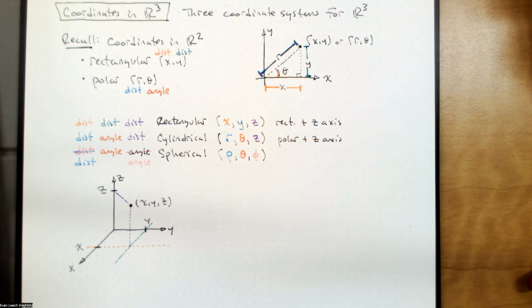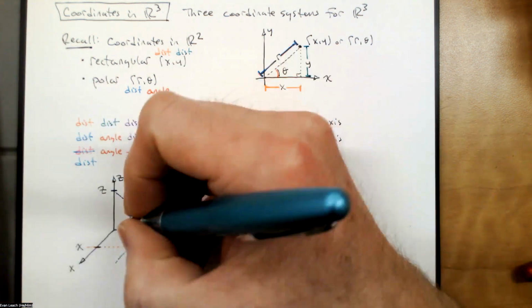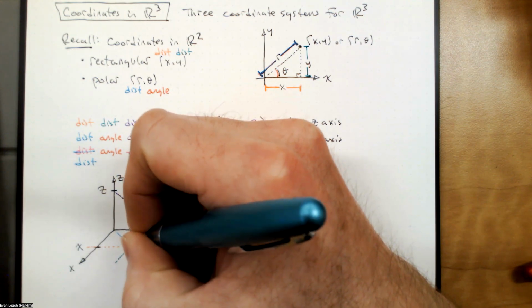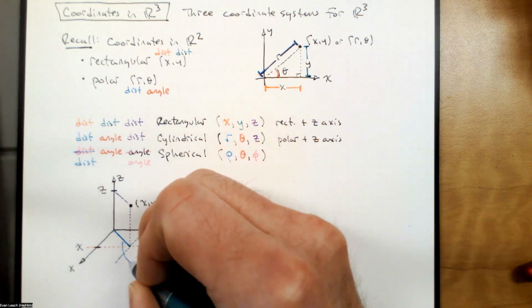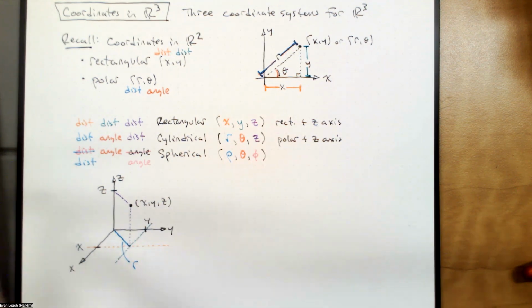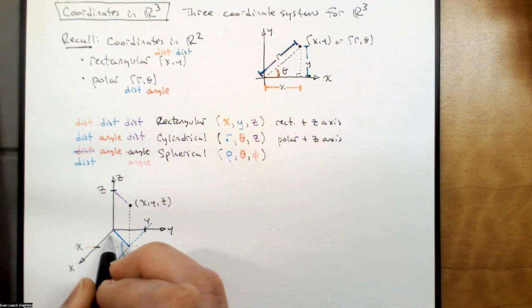So in cylindrical coordinates, I'm using just polar coordinates on the floor. So I would have this R. That's the distance R. And theta is measured from the positive x-axis.